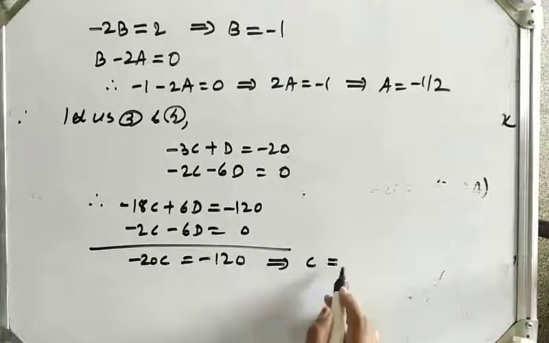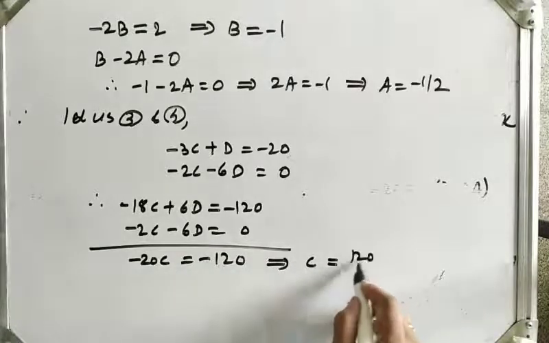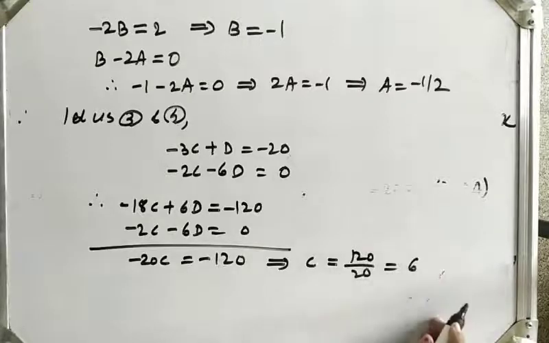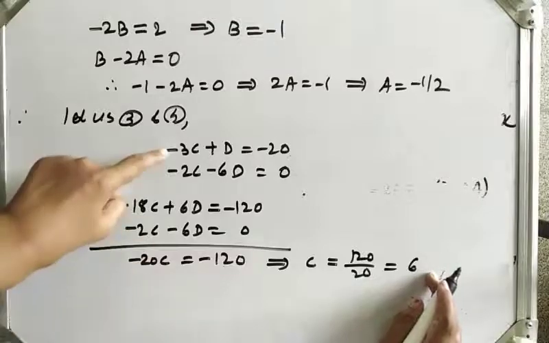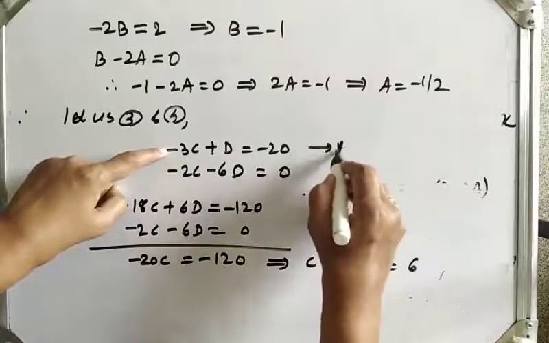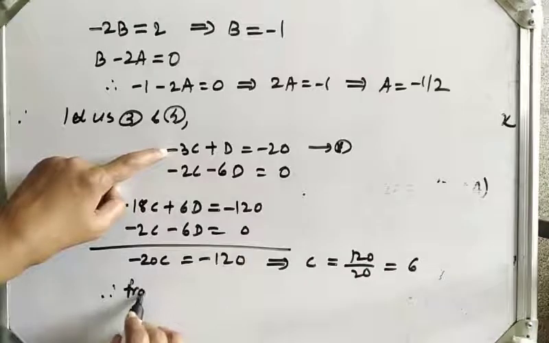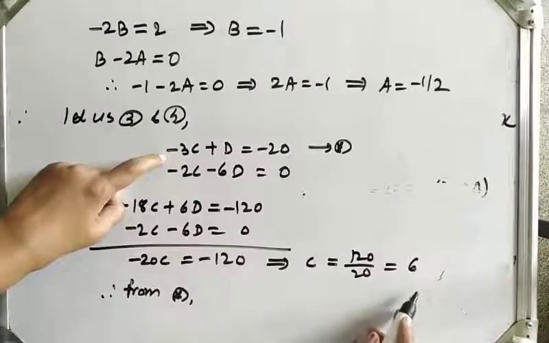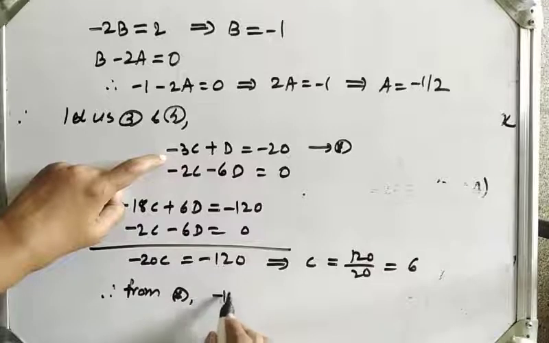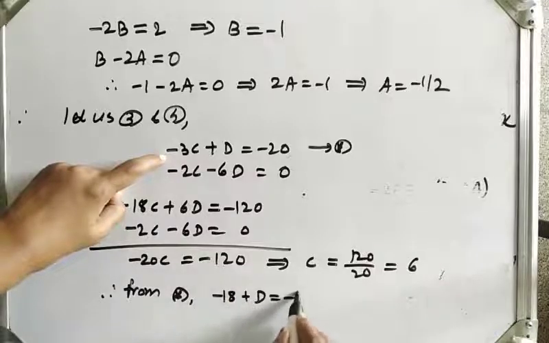Therefore, c is equal to what? 120 by 20, that is 6. Okay. So c is 6. Using c in this equation, let us give it star. Therefore, from star, c is 6, that is minus 18 plus d is equal to minus 20.